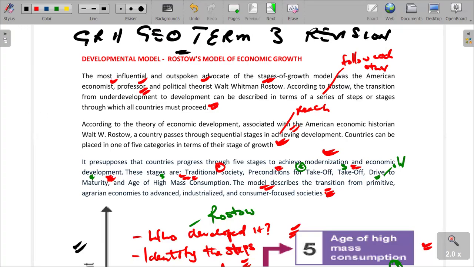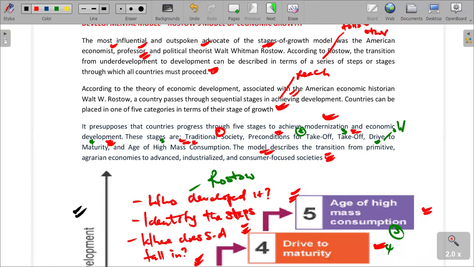Now, the five stages identified are these ones that I've named here. We have the traditional society, the preconditions for takeoff, the takeoff, the drive to maturity, and the age of high mass consumption. Those are the five stages identified by Rostow.